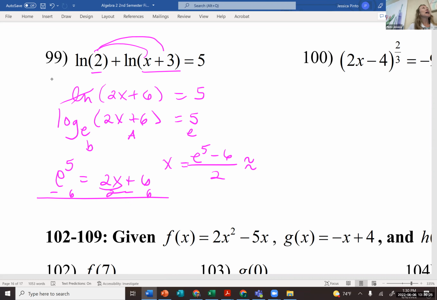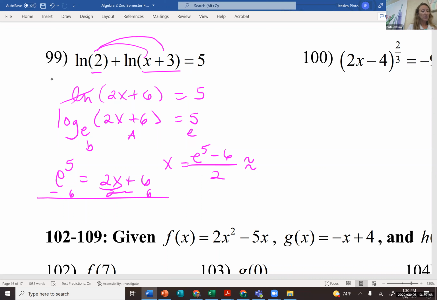So in order to use that e to the power button on my calculator, it's in the blue writing on mine. So I need to hit second. Then I hit that button and it shows me I'm doing e to the power. So I put in e to the power of 5, close parentheses, minus 6, and then I finish that operation by hitting enter.